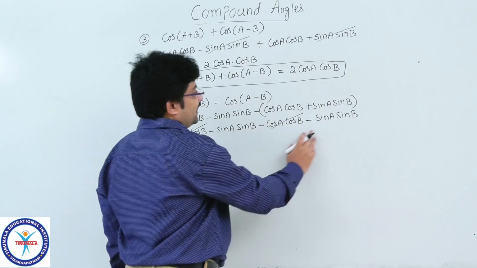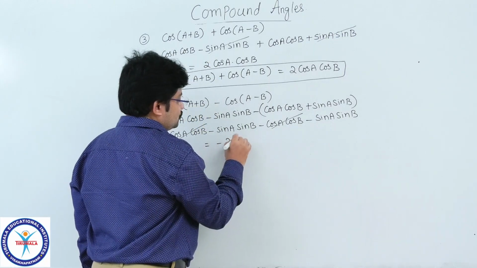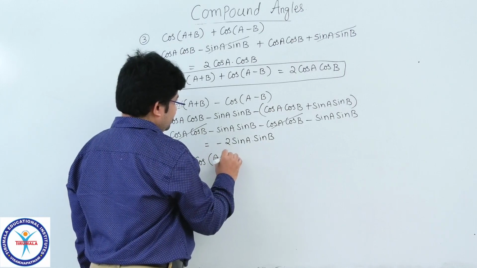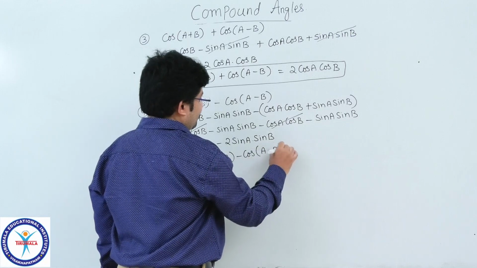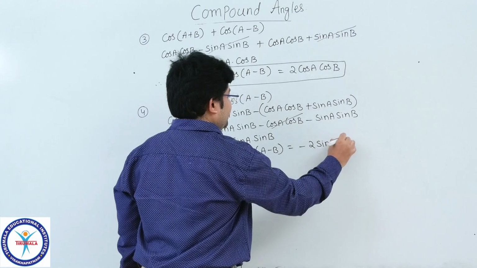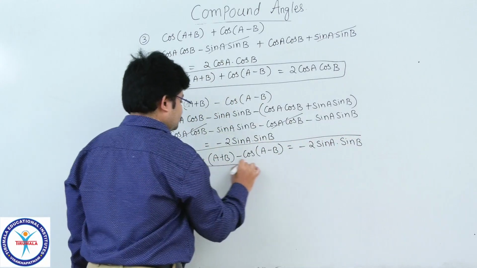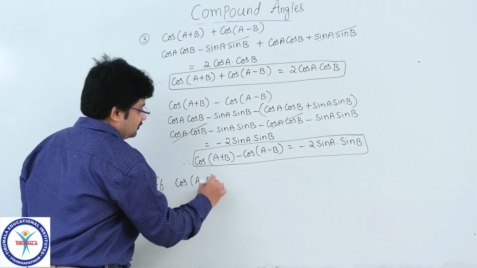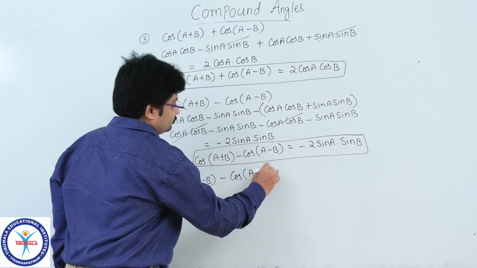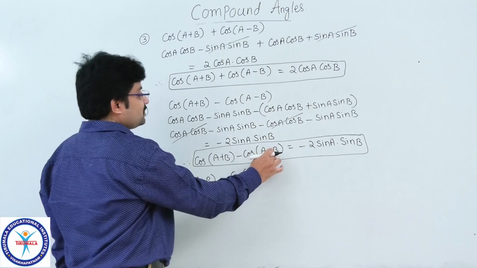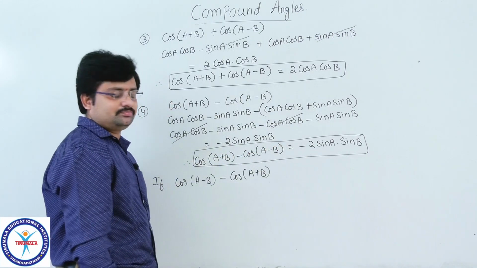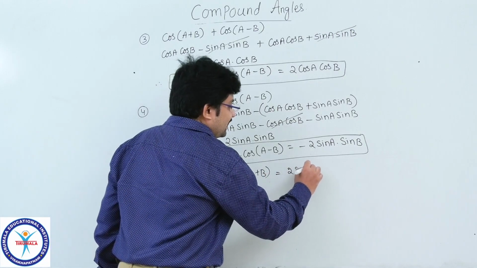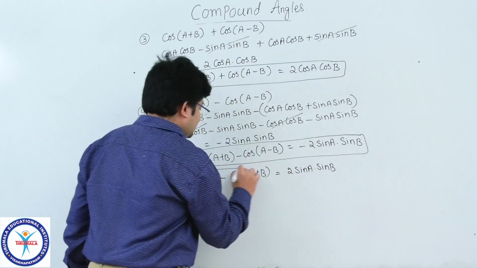Minus sin A sin B and again minus sin A sin B, that is minus 2 of sin A into sin B. Therefore, cos A plus B minus cos A minus B is equal to minus 2 sin A into sin B. If we write this as cos A minus B minus cos A plus B, then you will get 2 sin A into sin B. This is one more result.